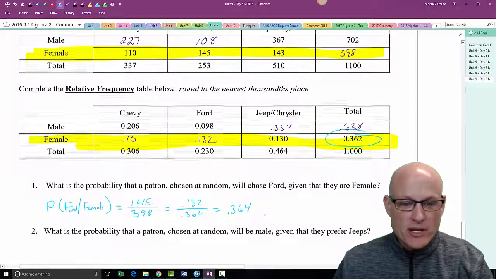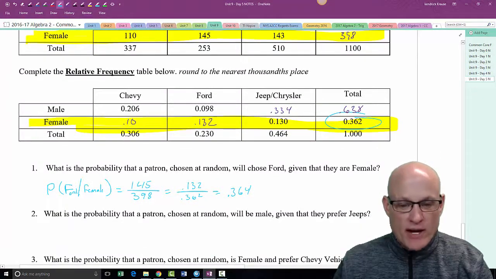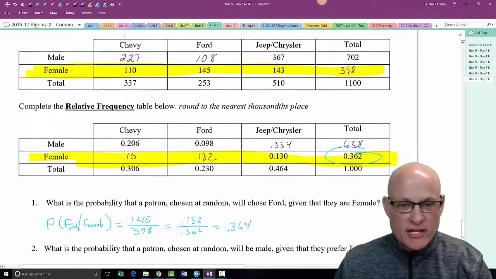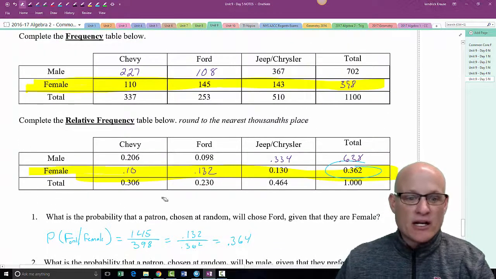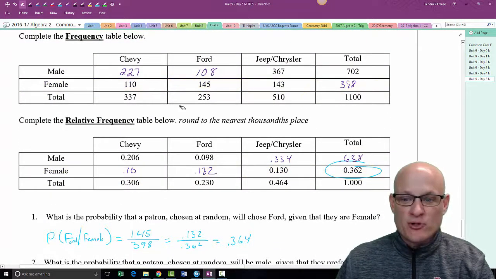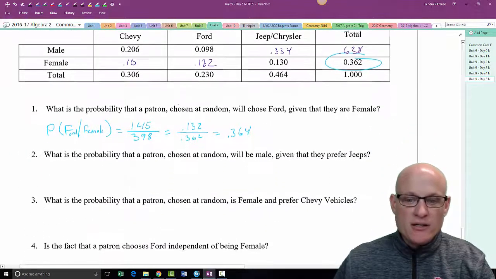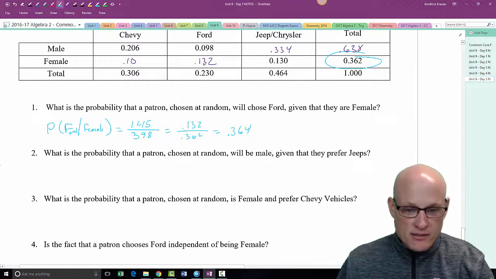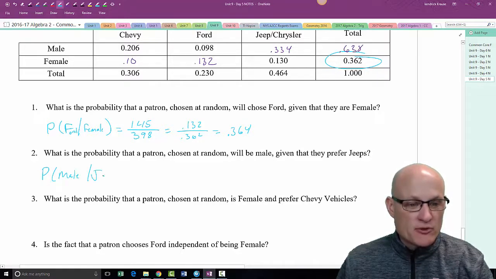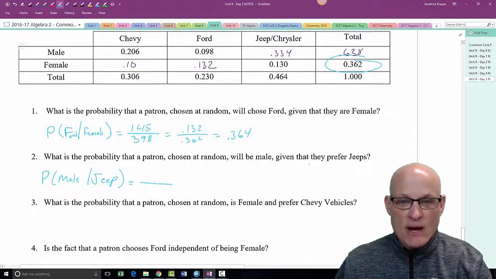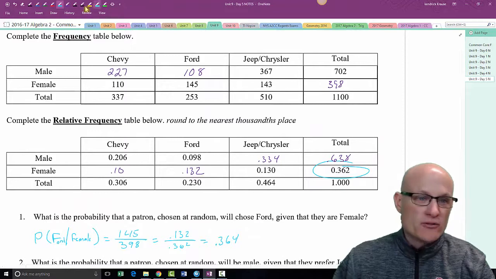What is the probability a patron chosen at random will be male given they prefer Jeeps? So now I prefer Jeeps. What is the probability that they are male, given that they prefer Jeeps? Well, Jeeps is now my new universe.